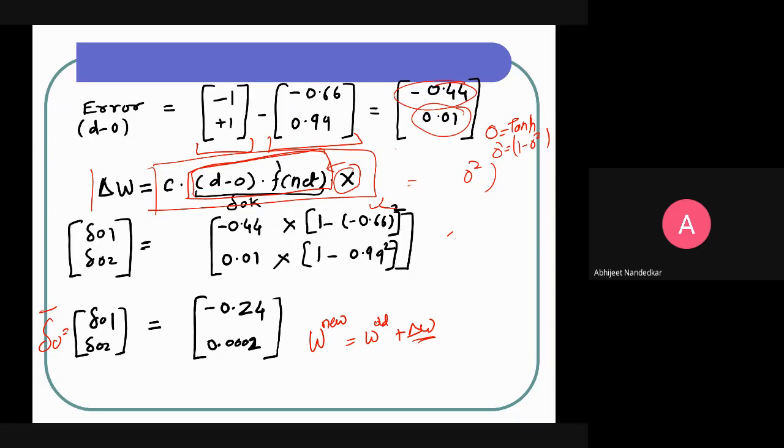We have to do this for all the neurons, so it will again be a matrix added with the old matrix, and it will give you a new matrix.